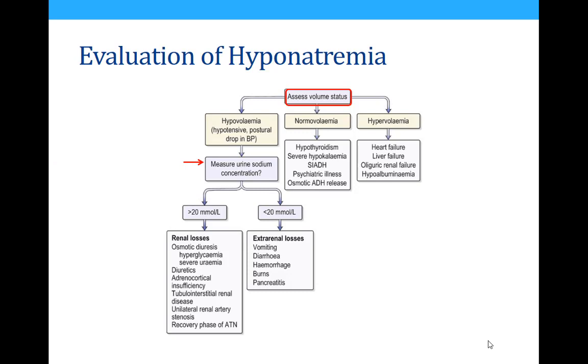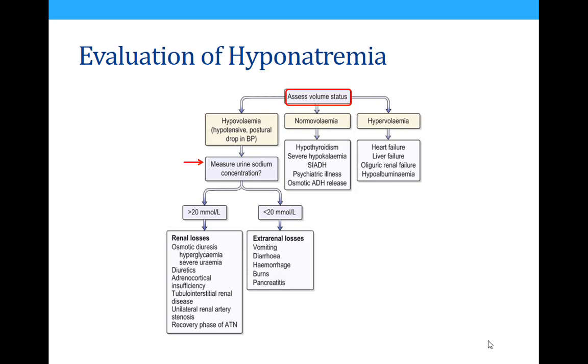urine sodium concentration. If it is more than 20 millimoles per liter, okay, it means the patient is losing sodium through the kidneys. If urine has less than 20 millimoles per liter, patient is losing sodium from somewhere else, not from the kidney.